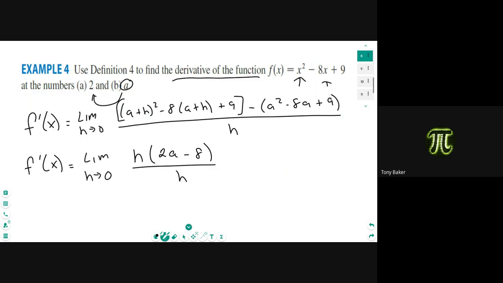Or was there an extra h on top? Oh, it's just plus h? Okay. So that is just 2a minus 8 plus h, and then the h goes to 0. So that ends up being your answer.